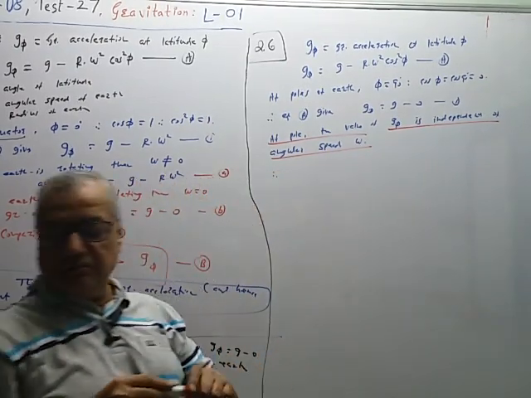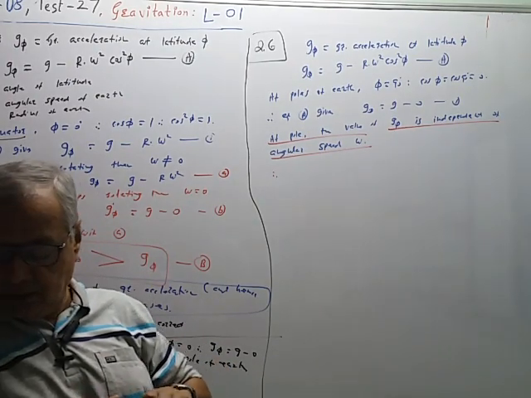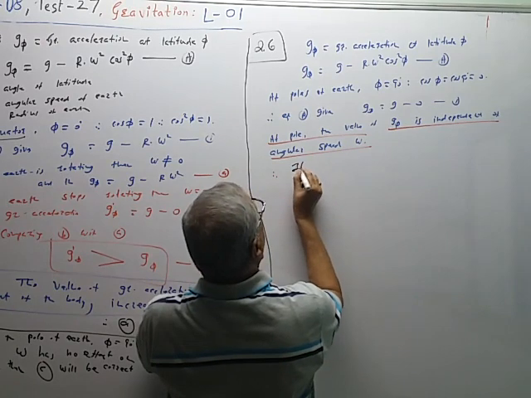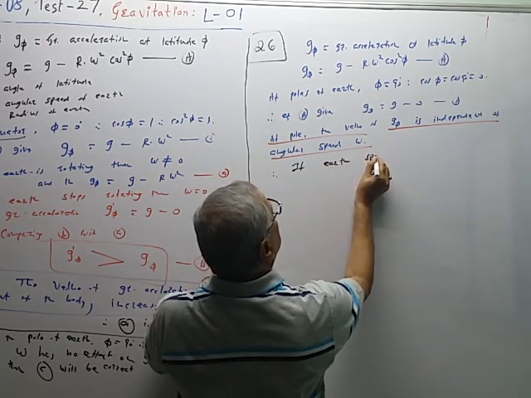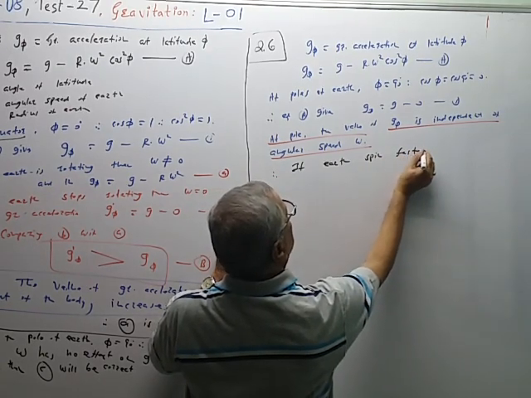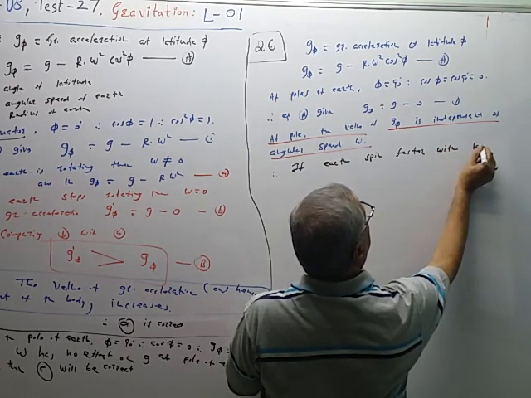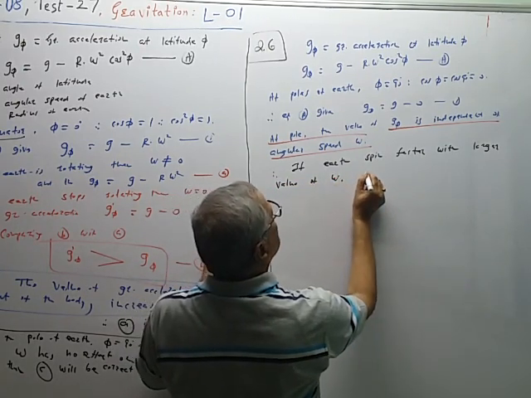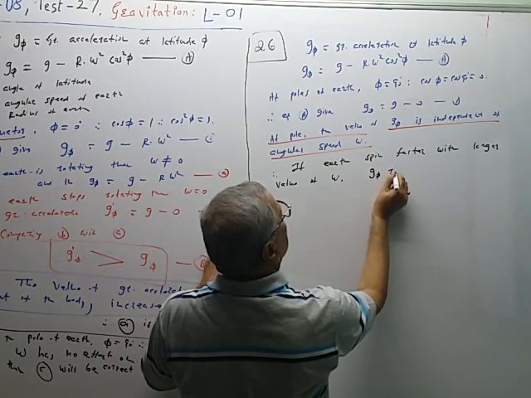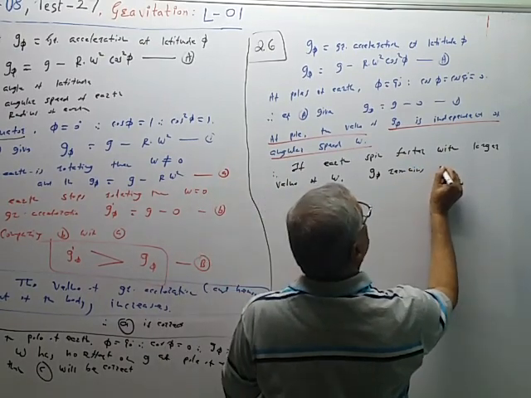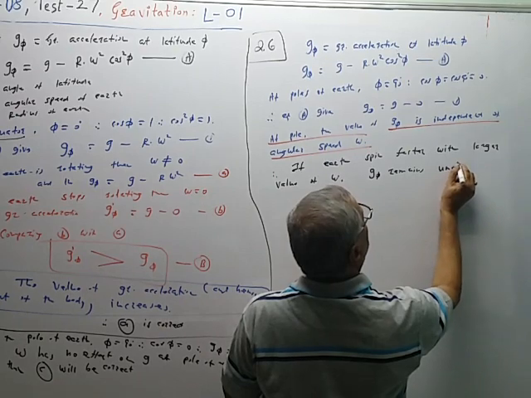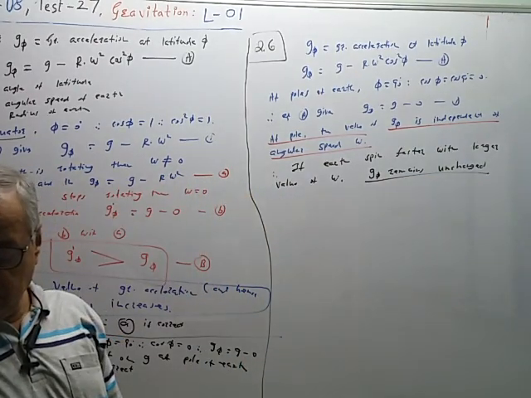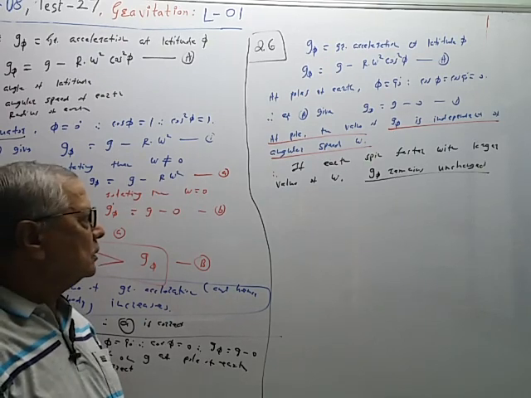Therefore, if the Earth spins faster with larger value of omega, g phi remains the same, unchanged, and therefore gravitational acceleration remains same.